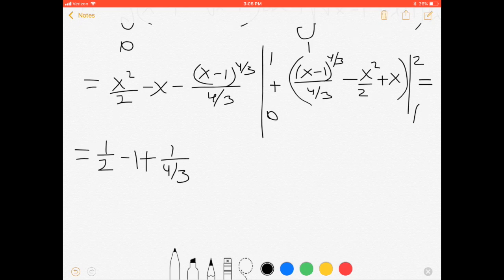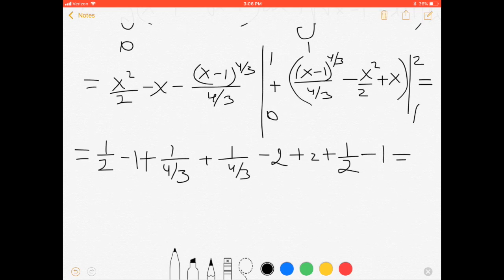If you plug in the second one, 1 over 4/3 minus 4 over 2, this means minus 4 over 2 minus 2, right? And plus 2. And plugging in 1, you have 0. And here is minus 1/2, this means plus 1/2. And plus 1, this means minus 1.